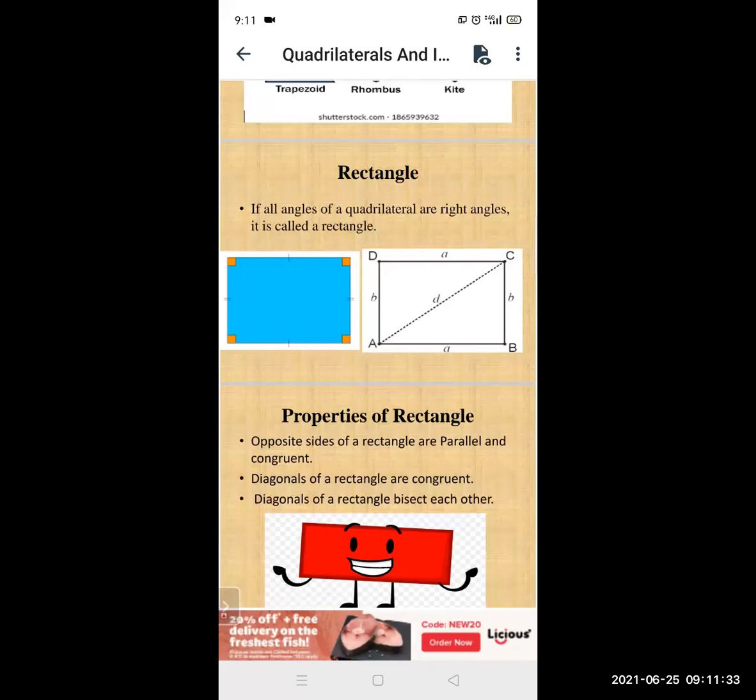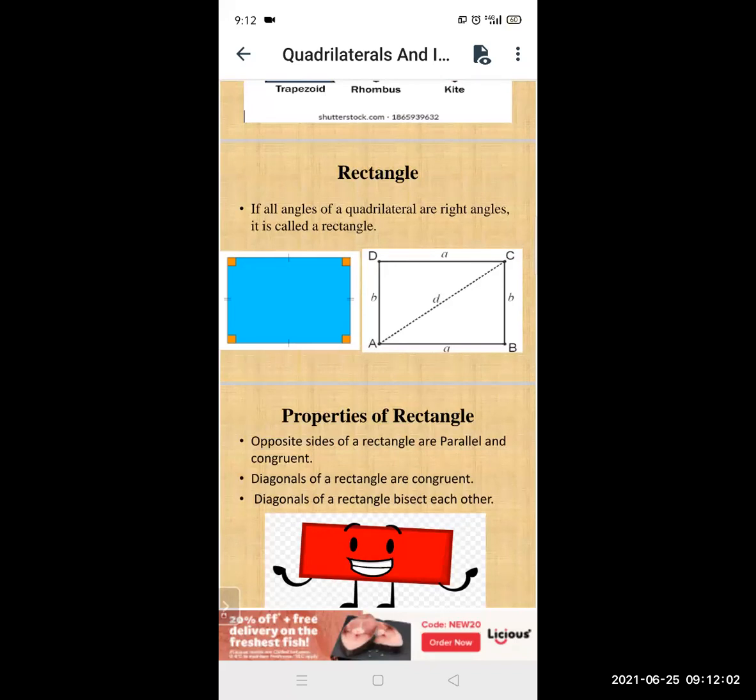Bisect each other means what? Bisect means it divides the angle or the part into equal parts. Whatever the parts are, they are equal. They are not different, they are equal parts.